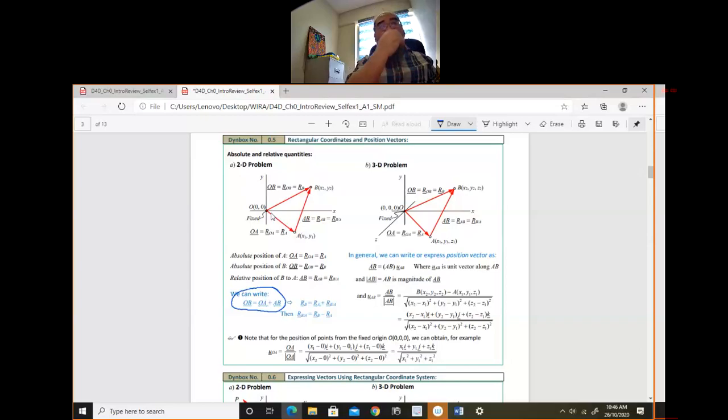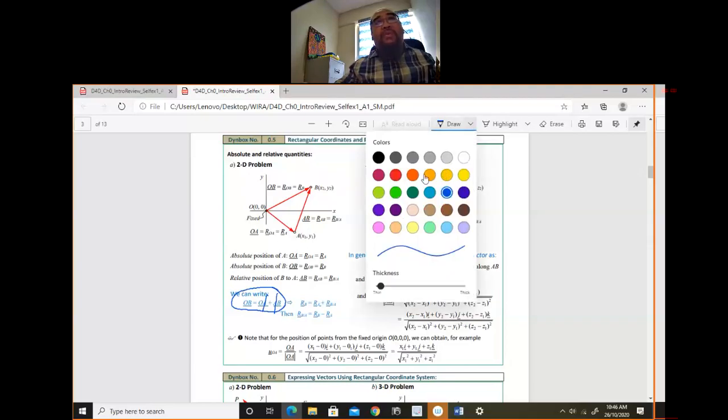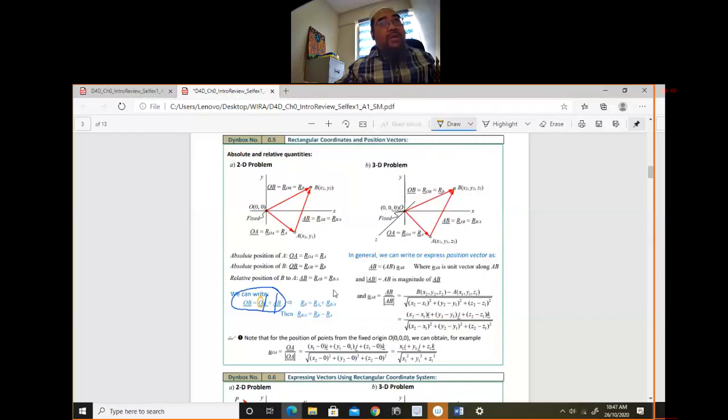These are the terms that we are familiar with, where in this case you can cancel A here, then cancel A here, and you are left with O and B. See here, you are left with O and B.